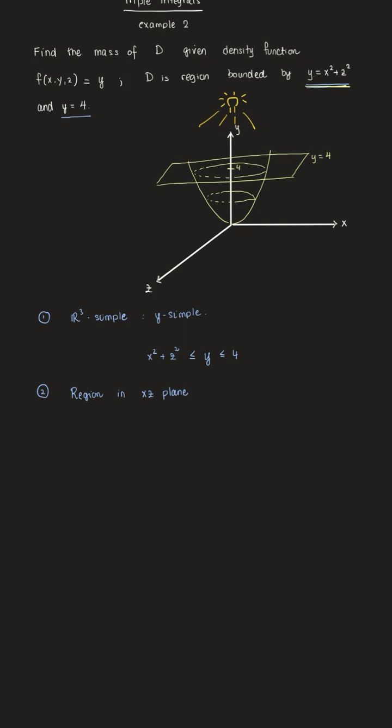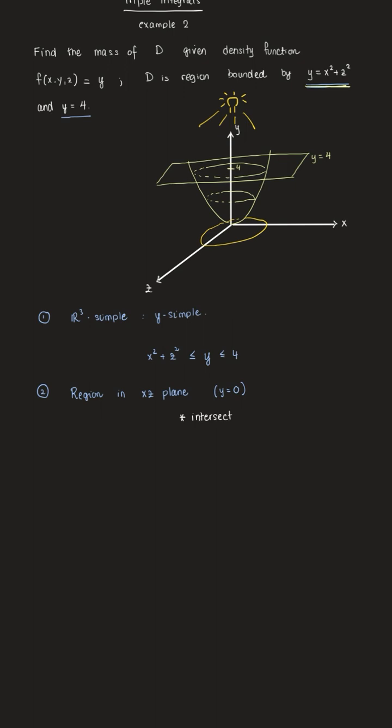So our shadow here is going to look circular, you might have guessed, but let's also figure out algebraically what that will be. So when we look at the xz plane, because we chose y simple, we know that at the xz plane, y is 0. Y is 0 gives us nothing here, but what we can do, and this is going to be important, this is one way that you can find your region, is intersect your two surfaces.